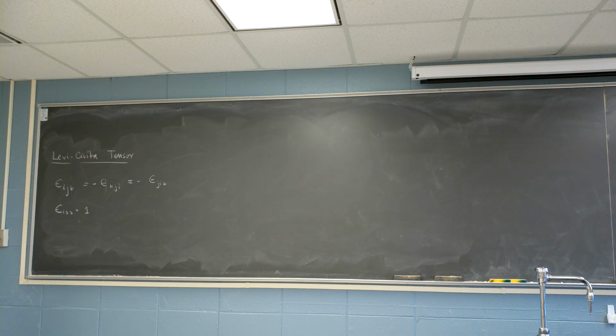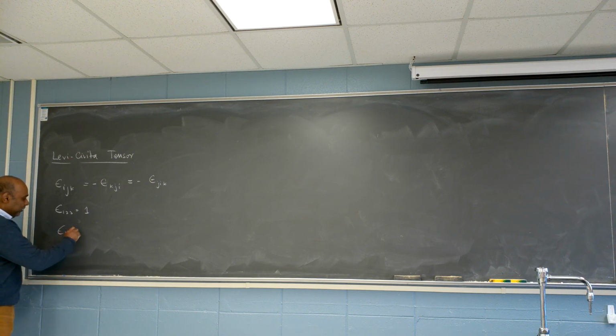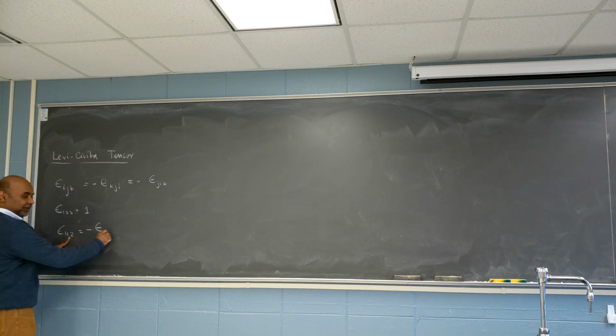Well, you might say, well, what is epsilon 1, 1, 2? Well, I've not given you 1, 1, 2 at all. But I know that I can swap any pair and it should get a minus sign. So I'm going to take this one and put it over here, and take this one and put it over here.